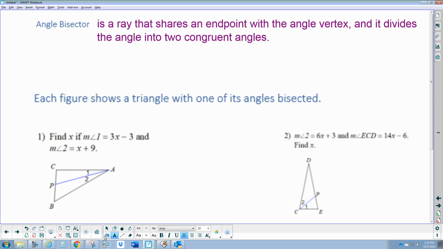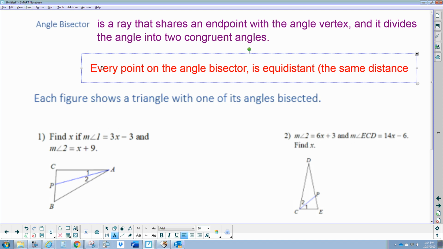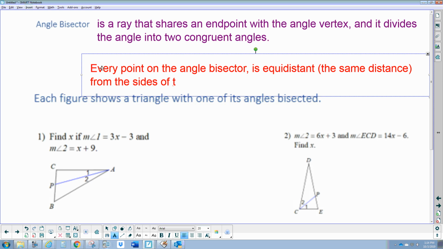Now the second thing that we want to know about the angle bisector that we learn in this lesson is that every point on the angle bisector is equidistant, meaning the same distance, from the sides of the angle.